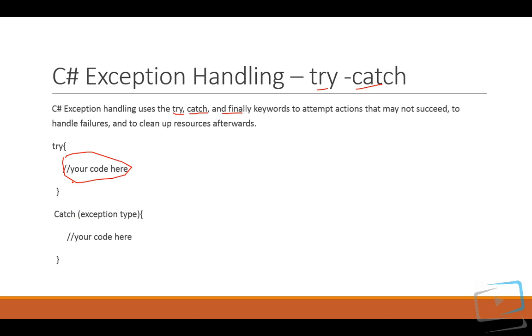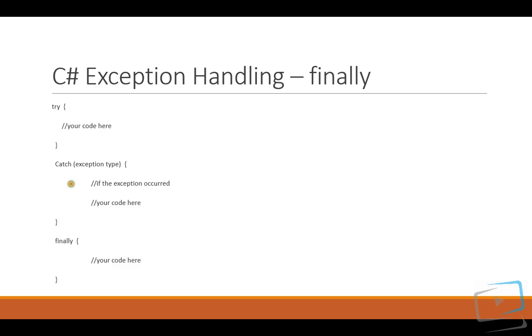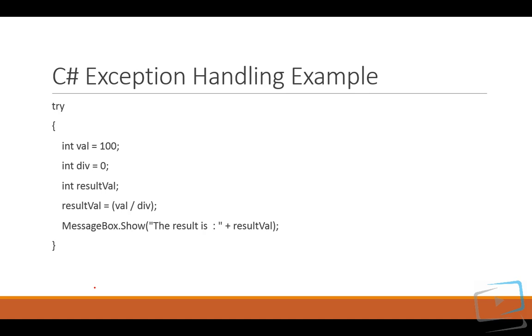If there is any problem in this try code, then catch this exception and show an error. That is what we'll do here, try and catch, and you'll have a finally block here. So if this exception is caught, finally what you want to do, this is what it is. Just look at the syntax of this one.